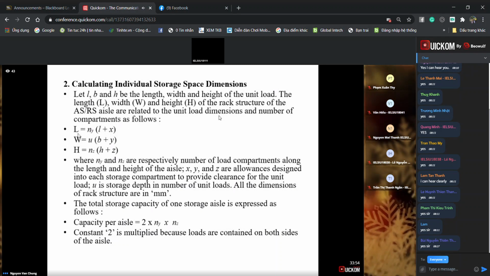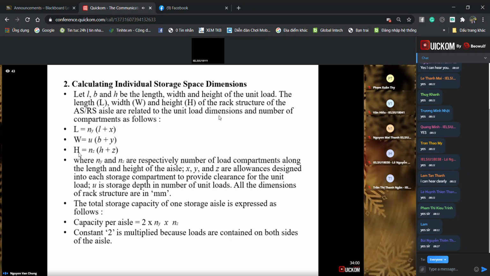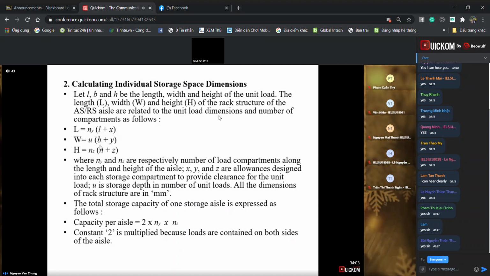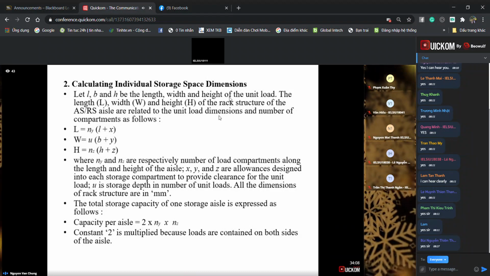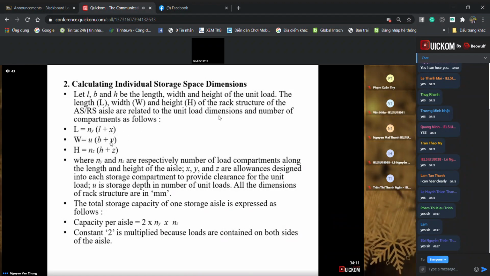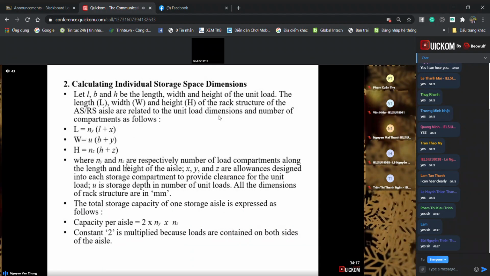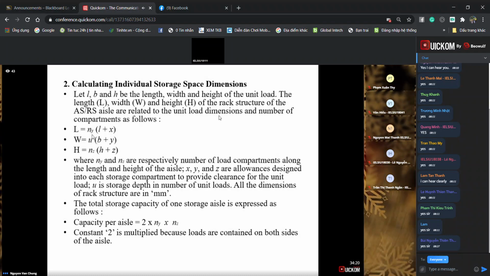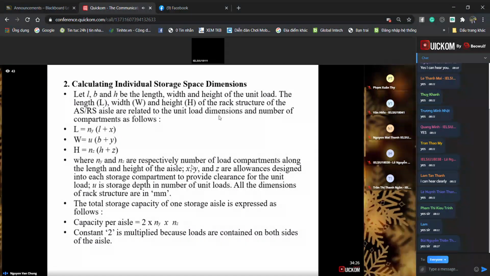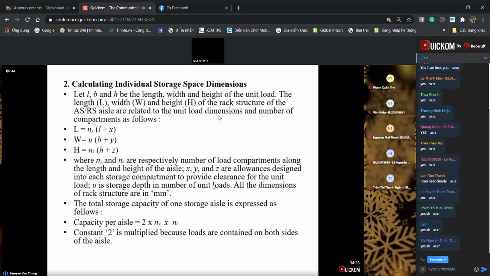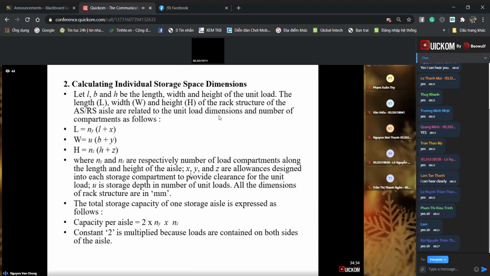You have L here, Y, S. So like that, this depends on the length, width, and height of the unit load, and then you have the capacity here. So this is L, Y, and L, Z. Okay, these are the length, and Z is the height, respectively, the number of loads of the compartments along the length and the height.